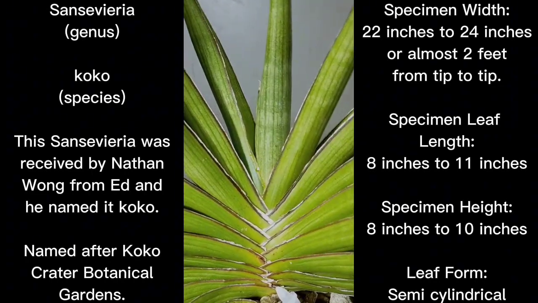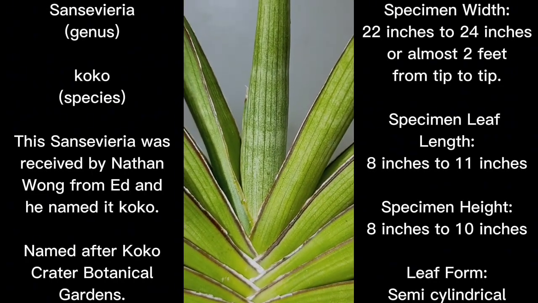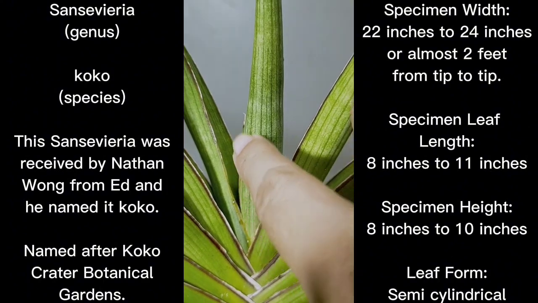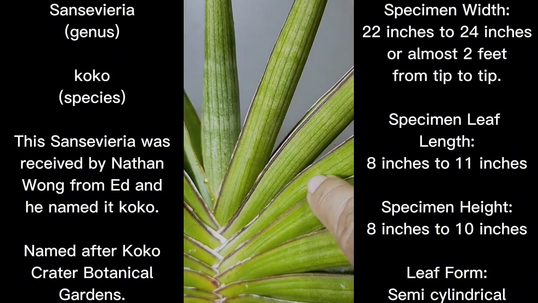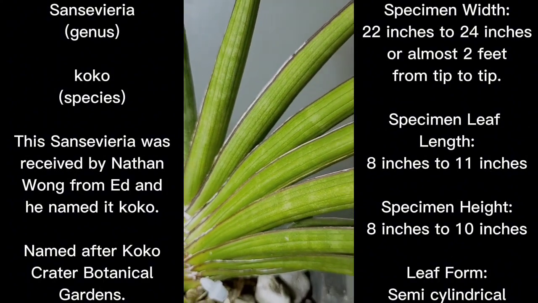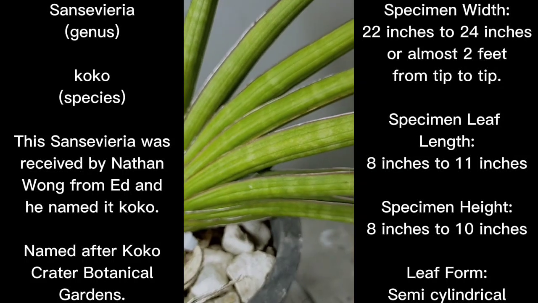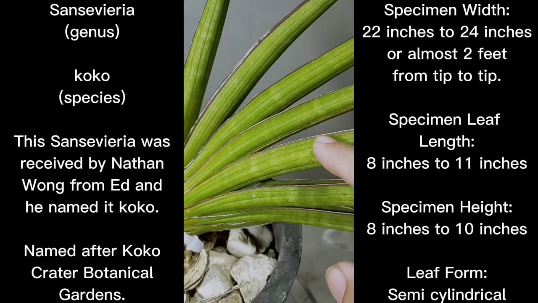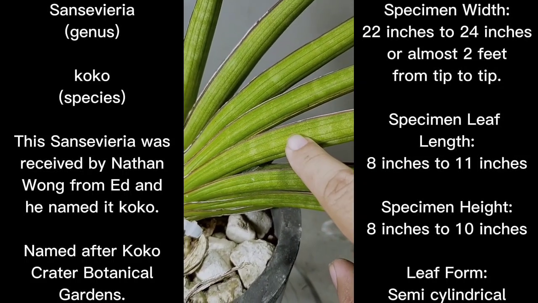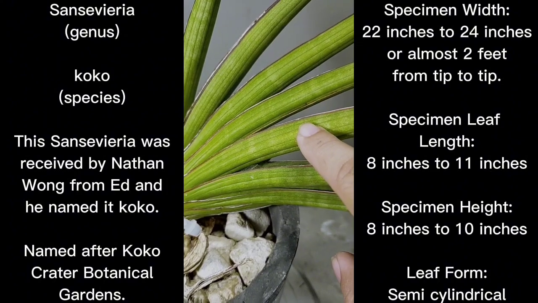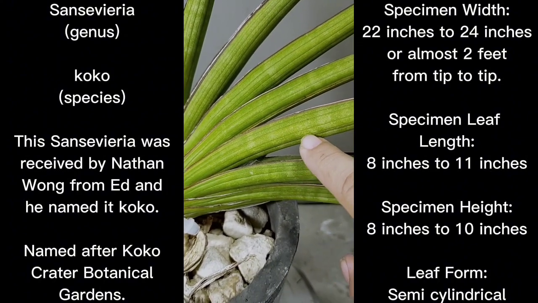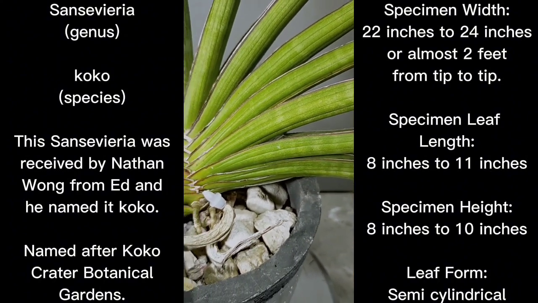Also, if you closely check the leaf part, you would see that there are longitudinal lines on the leaves, and they're very thin, and they almost alternate with the green part of the base color, and then another very thin longitudinal line.